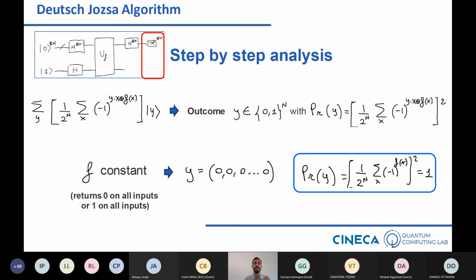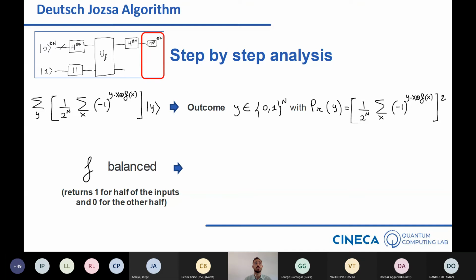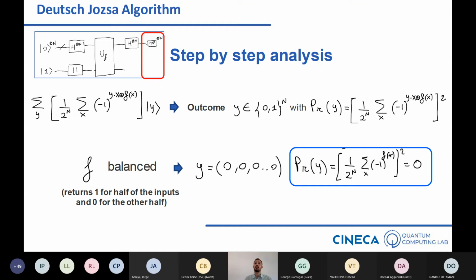Okay. The other case is when f is balanced. When f is balanced, what happens? It happens the opposite. So the probability of measuring the string with all zeros is 0, because in this case, look at the summation here. For half of the inputs we have 1, for the other half we have 0. So we have a summation of minus 1 to the 1 plus minus 1 to the 0.